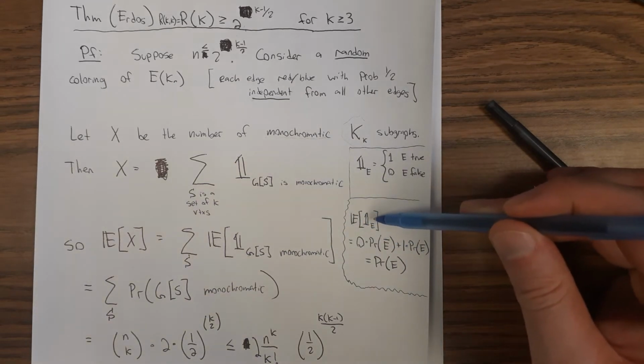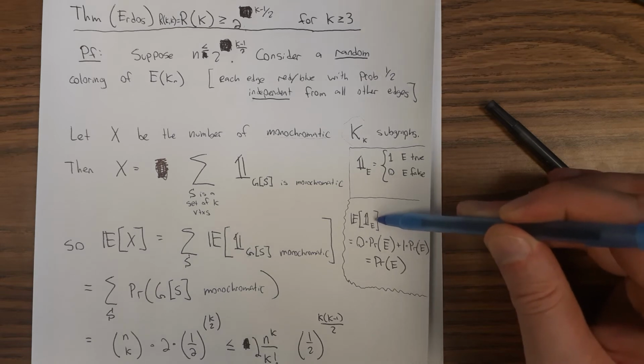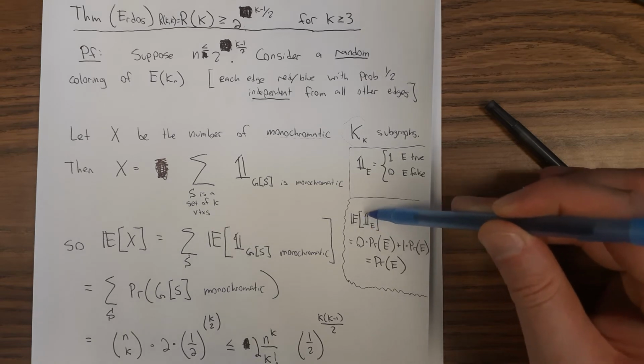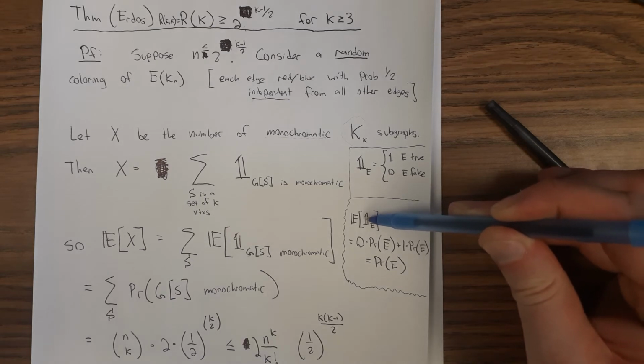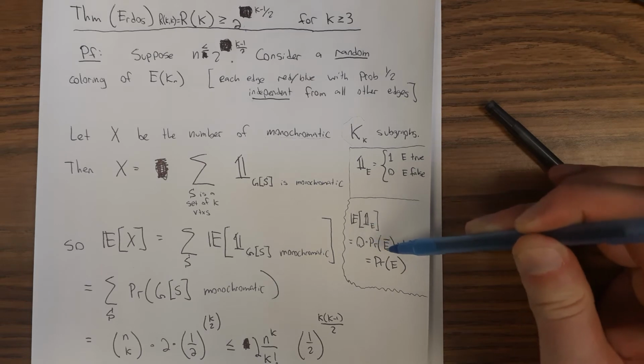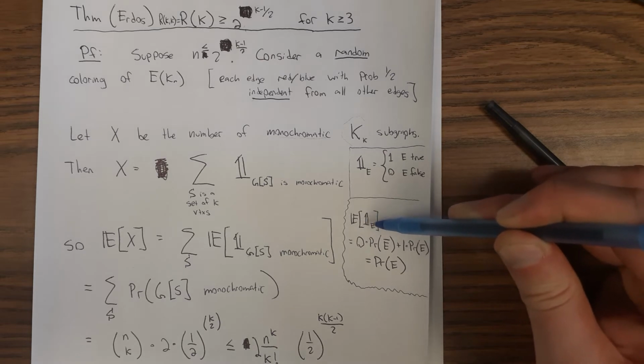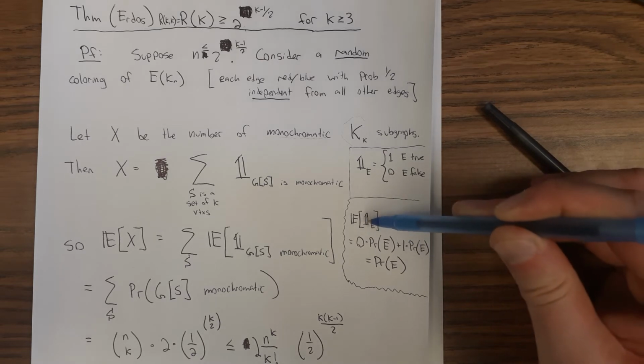The expectation of such a thing, well, let's think about what expectation is. Expectation basically runs through every possible outcome, and it weights outcomes by their probabilities. So there are 2 possible outcomes, because this is an indicator random variable. It could be either 0 or 1.